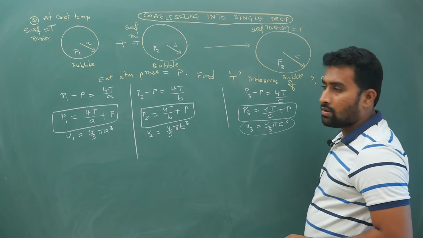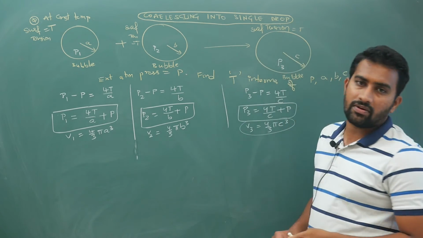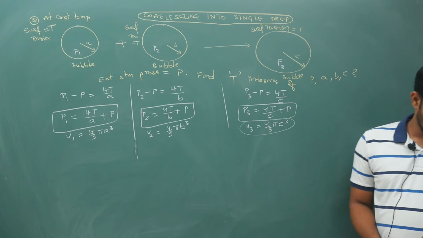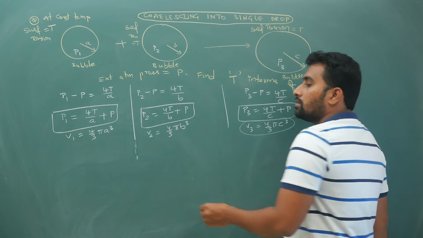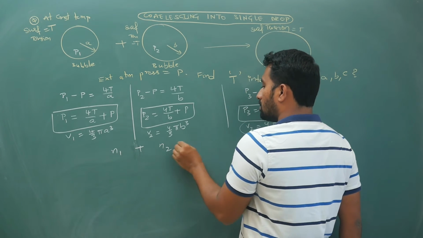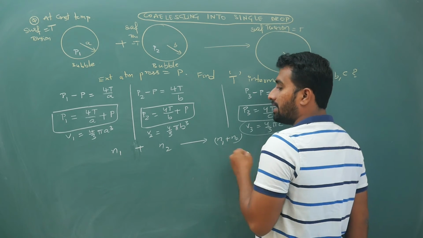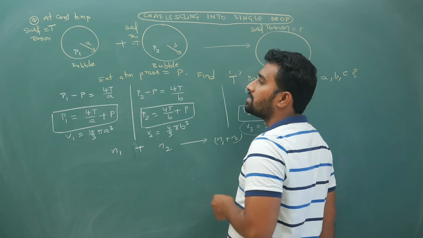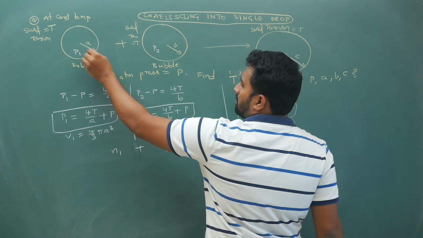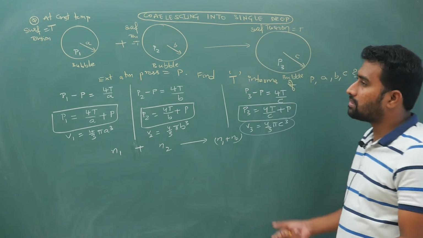Now what will I do? Your number of moles will remain constant. N1 plus N2 is constant, and the ideal gas equation you can write: PV is equal to nRT. Whatever gas is inside these bubbles, that amount must remain constant, same air.